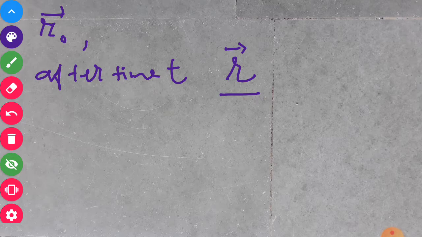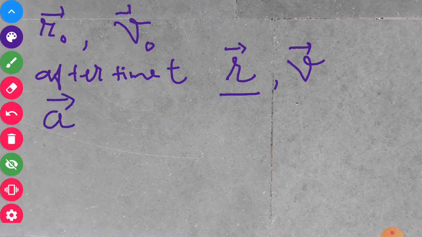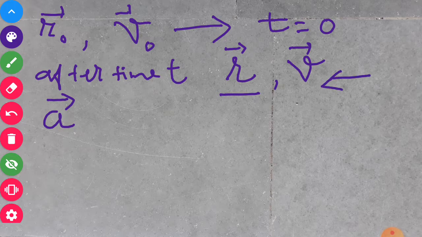Initial velocity is v0, okay, and after time t its velocity is v, and it is moving with uniform acceleration a in xy plane. So all these quantities you must write in your notebook. So these are the quantities at t equal to 0, and these are the quantities at time t, the values of position vector and velocity.